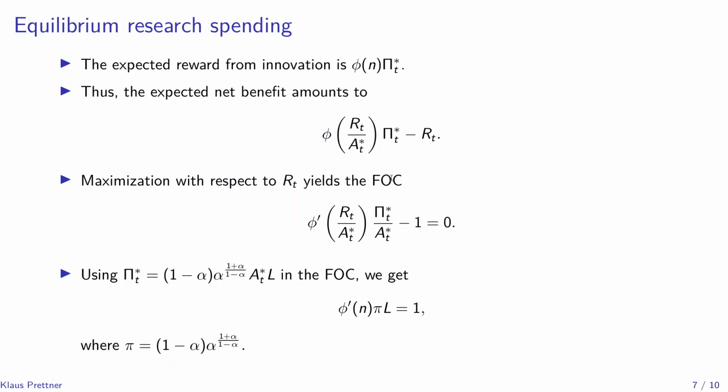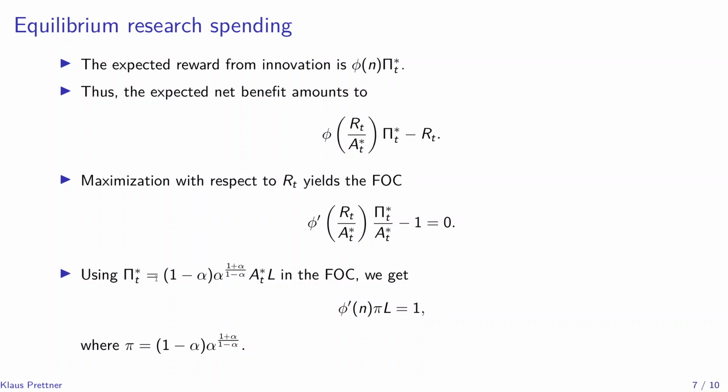Then this is multiplied by pi_t, so we have here the ratio pi_t star divided by A_t star. And here we have minus 1, which is from the derivative of this expression with respect to R_t, and that is equal to 0. So it's the first order condition. That's the condition that has to be fulfilled for a maximum net benefit of research spending for the innovator.